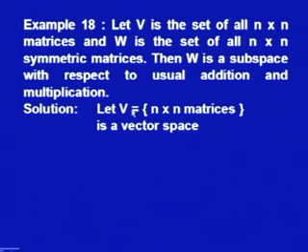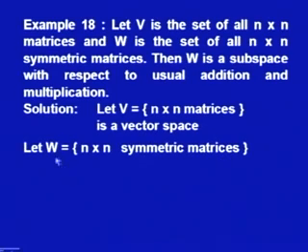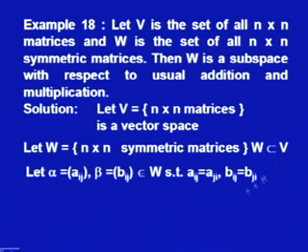So, let us start with V, which is the set of n by n matrices, it is a vector space. Now, we consider the set W of n by n square matrices which are symmetric. We clearly know that W is a subset of V. This is the very first condition for W to be a subspace of V, that W should be a subset of V. So, this we have established.